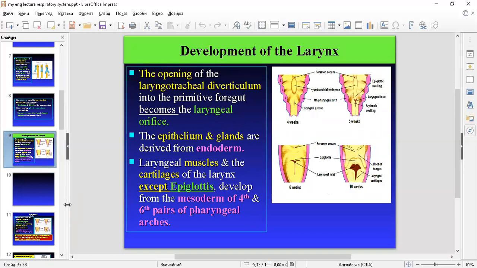Development of the larynx. The opening of the laryngotracheal diverticulum into the primitive foregut becomes a laryngeal orifice.